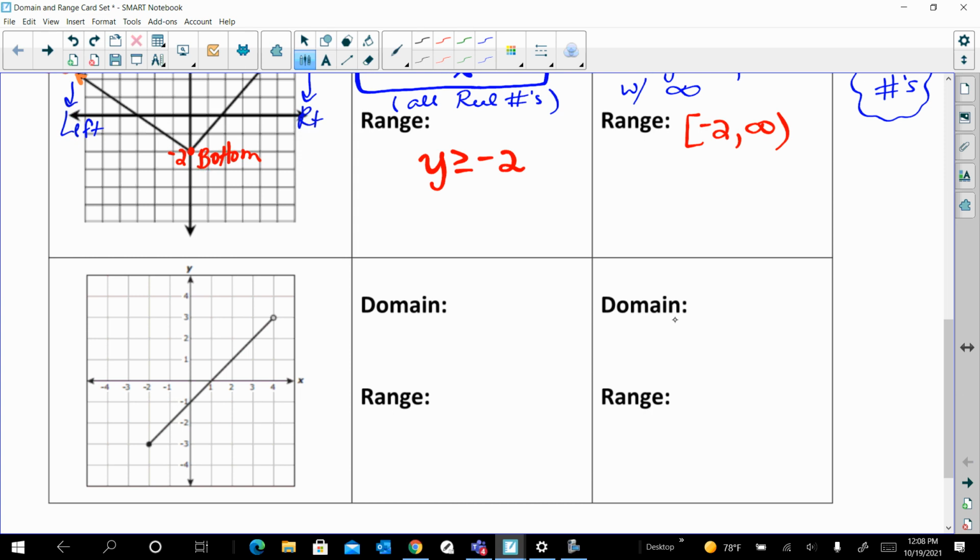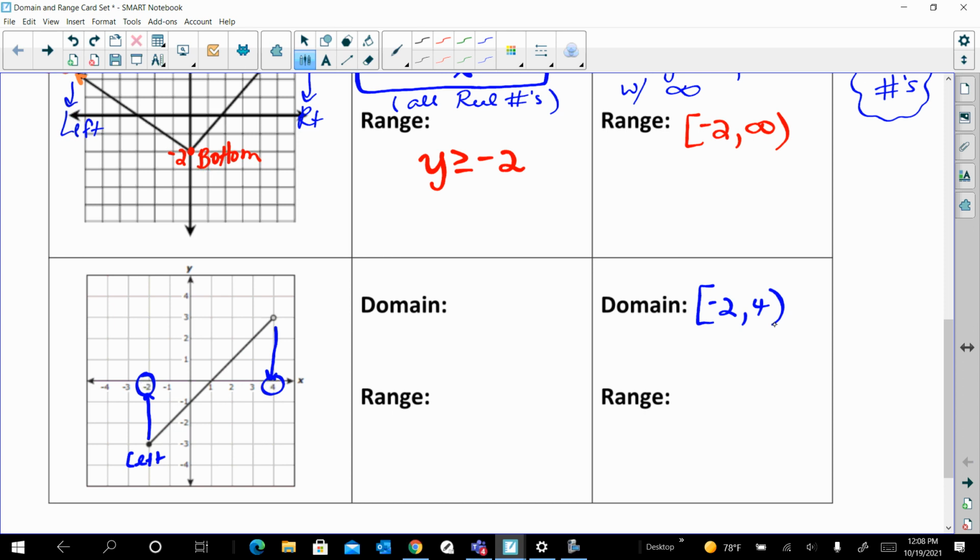Yes. This is the left part at a -2. Since it's closed, that would be bracket -2. All right, Ruby, where does the graph stop? 4. Yes, +4. Since it's an open circle, that's parentheses 4.